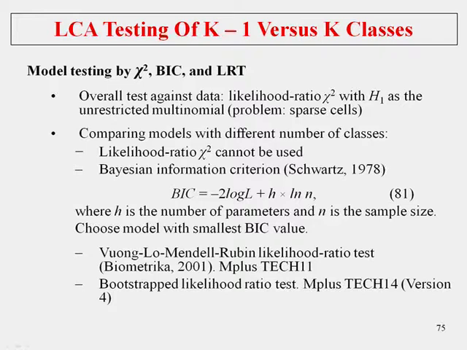Another, perhaps more commonly used approach in mixture modeling: when you don't know the distribution of something like a likelihood ratio because it's not chi-square, you can always figure it out empirically by bootstrapping. We'll tell you about that on the next slide. That's Mplus Tech 14, introduced in version 4.